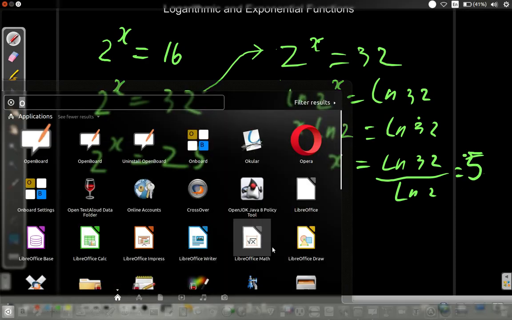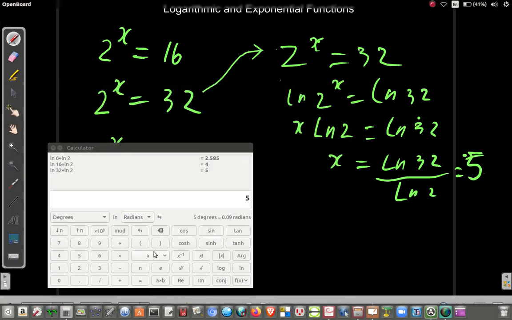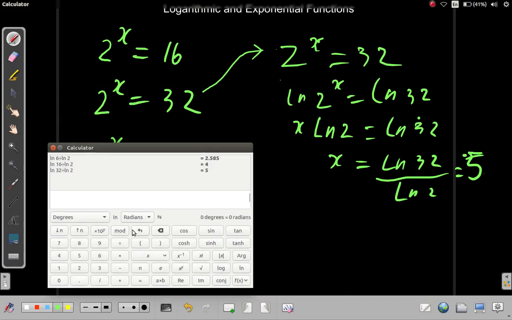The thing is, you could very well also use common logs. You could get log 32 divided by log of 2, and you get 5 just the same. Whether common logs or natural logs, whichever one will work out.